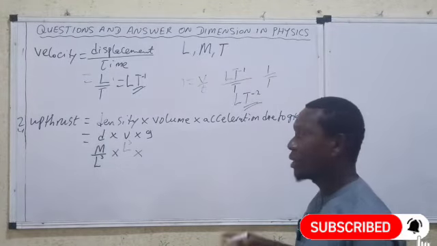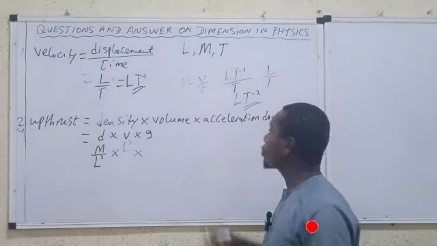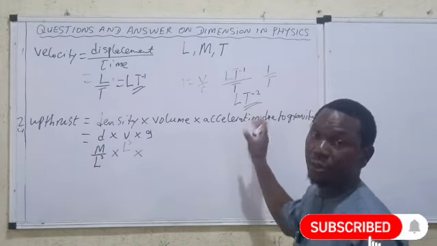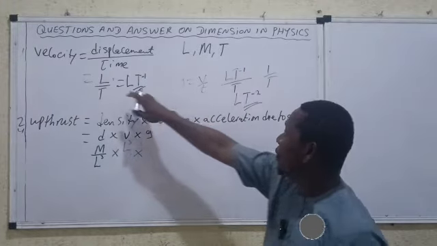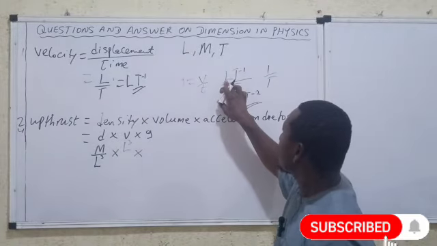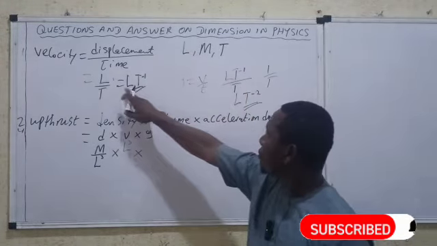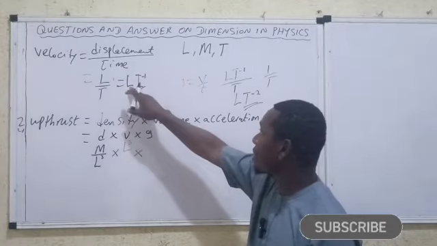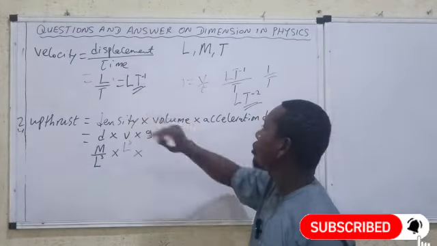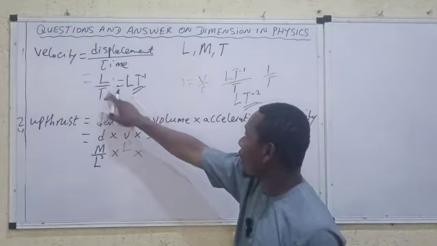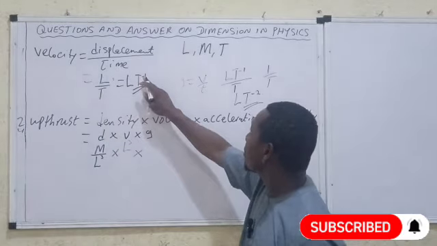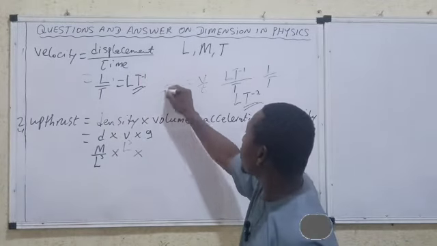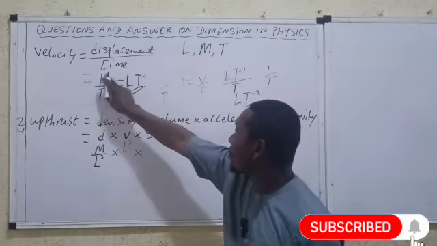You can watch part 1 of this video to get clarity, but it's a very simple thing. Acceleration is velocity all over time, and you know velocity is length, distance, displacement all over time. But because this one is under, I have to take it upward, following the law of indices, and you have T. This T raised to power negative 1 is like 1 all over T, and if you multiply this, you have this back.